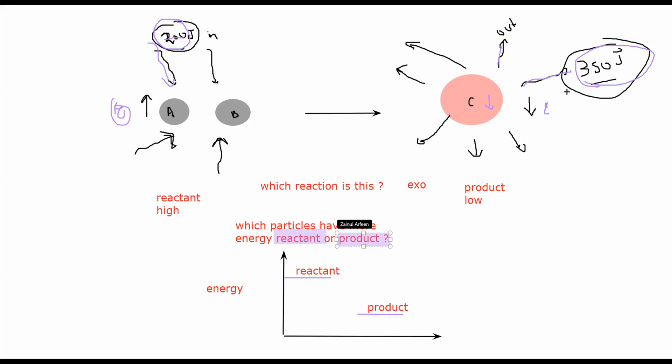Take the screenshot. Any doubt in this? Another example, if you have A and B as the reactants and they're forming a product C. A and B absorb energy, 200 joules of energy is absorbed by A and B. And when the product is formed, the product only releases 20 joules of energy.